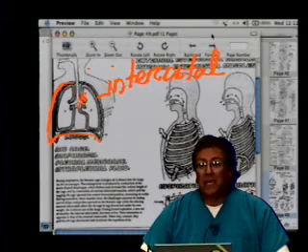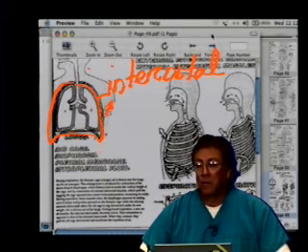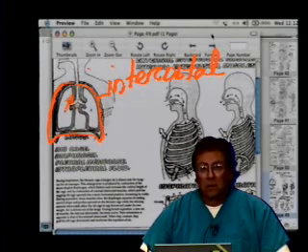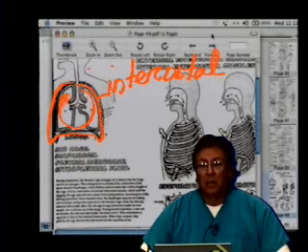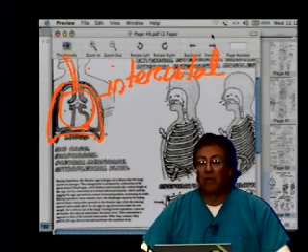The thorax is a closed space. The lungs that sit in the thorax are connected to the external environment through the bronchi and through the trachea.